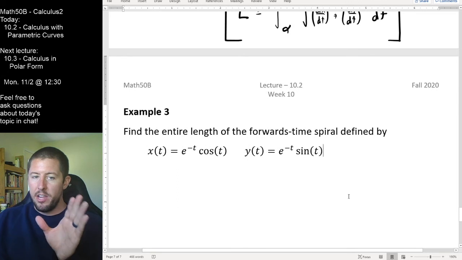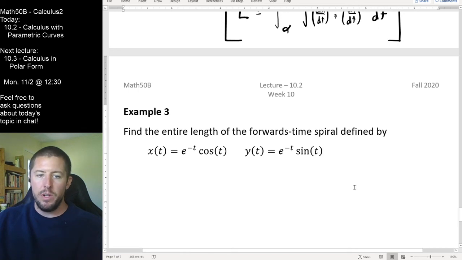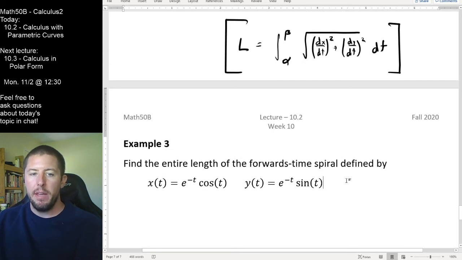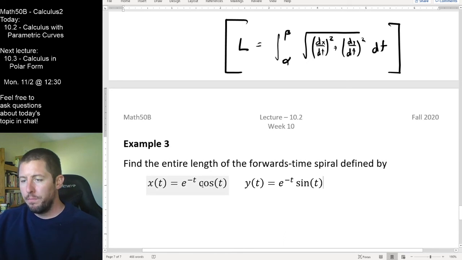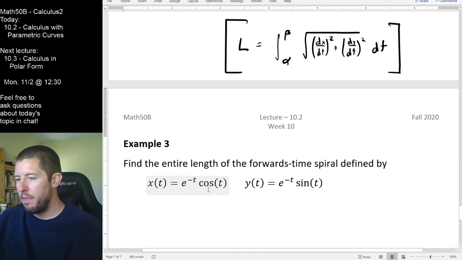I'm picking this example specifically because this is exactly a solution that you're going to see many times when you take DiffEq with me next semester. So this isn't just me making stuff up right here. This is very specifically describing a very simple physical scenario. This is a damped harmonic oscillator's solution right here. So some physics words being thrown in there for you.